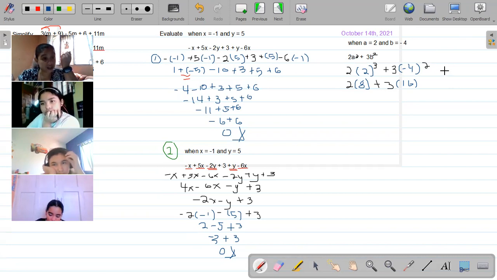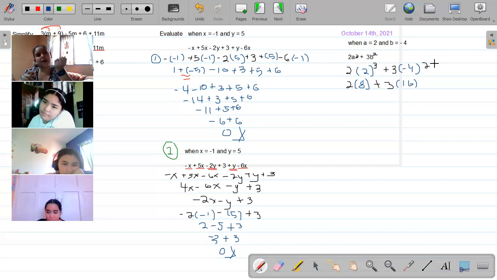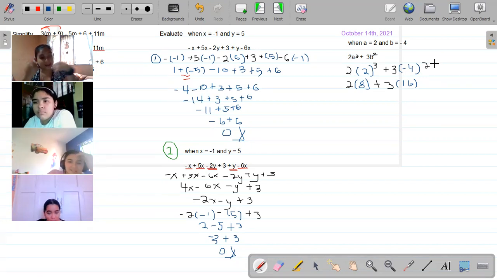Now, if it's an odd number, like 3, 5, 7, 9, which cannot be divided by 2 perfectly, then it will be negative, because negative times negative is positive, times negative is negative. So you can use your hand and say, okay, negative, positive, negative, positive, and that's how you're going to know.